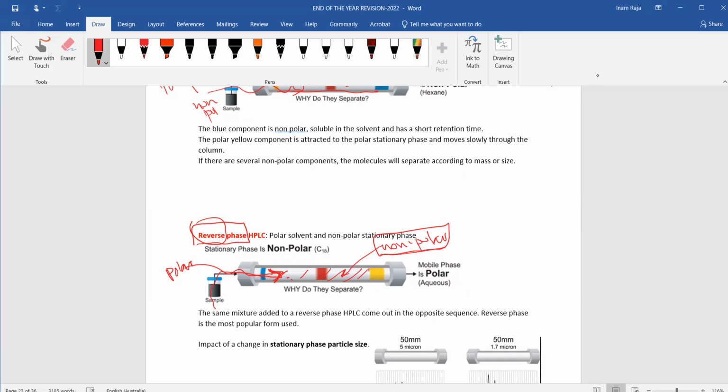And if two compounds have similar polarity, the one which is larger in size will stick back. Why? Because non-polar loves non-polar, and the larger molecule, if it has larger carbon chains, will have more dispersion forces.